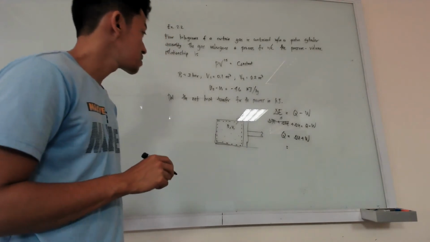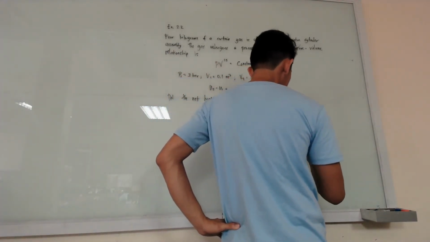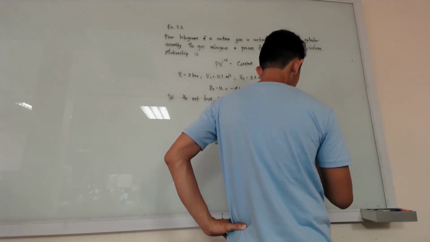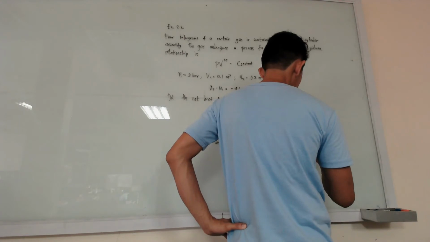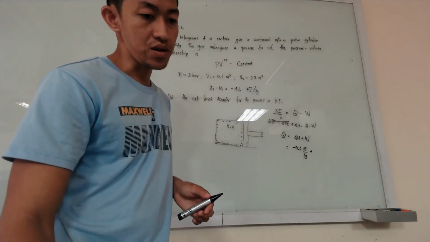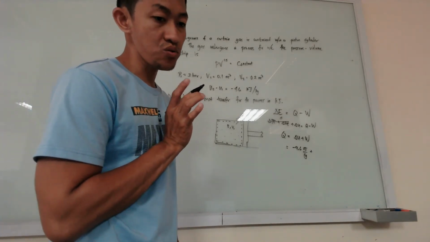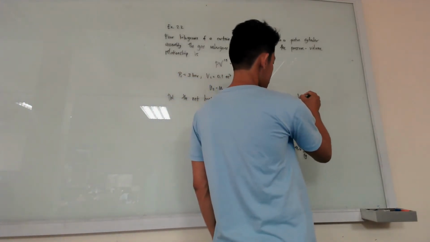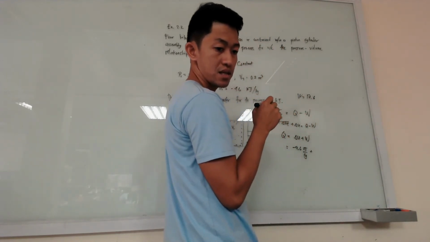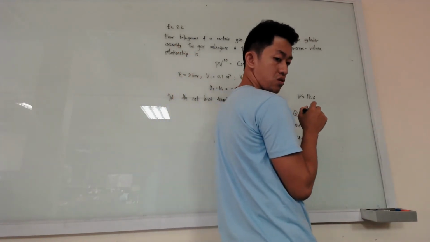Okay? So, given the change in internal energy, negative 4.6 kilojoule per kilogram. And then, the work is, based on example 2.1, work is positive 17.6 kilojoule. Right?